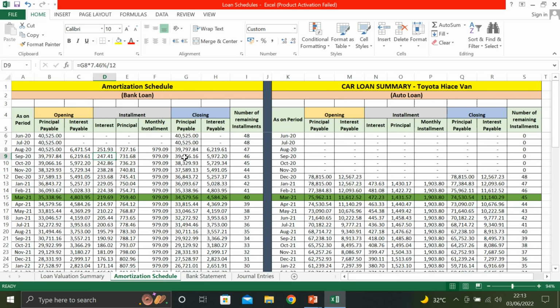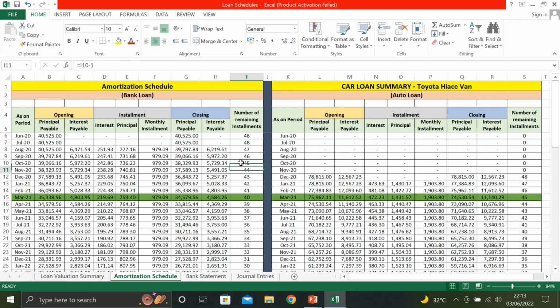So that's why we are going to prepare this schedule. This schedule is giving us complete information that when we started in August, how many installments remain: 47, then 46 in September, then 45.